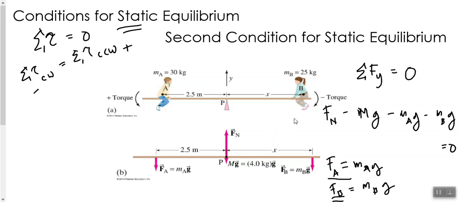Now let's look for the torque equation. So we're going to calculate how far this girl would sit so that they would balance this seesaw. So we're going to look at the lever arm relative to the pivot point, and we're going to find this x here using the second condition for equilibrium.